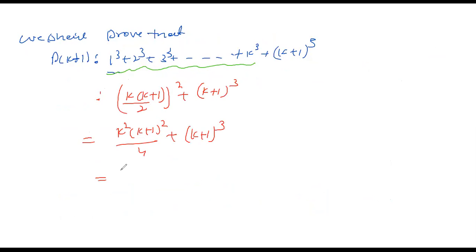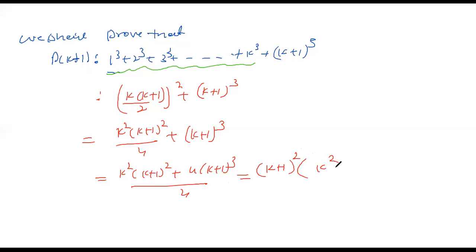The LCM is 4, so k square into (k plus 1) whole square plus 4 into (k plus 1) whole cube, by 4. The common term in both is (k plus 1) whole square. Take it out, and the remaining is k square plus 4 into (k plus 1), by 4.